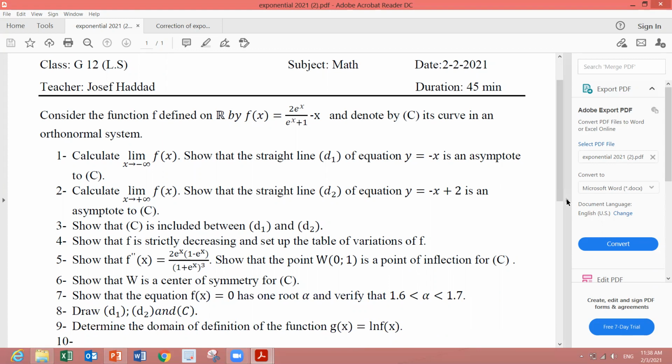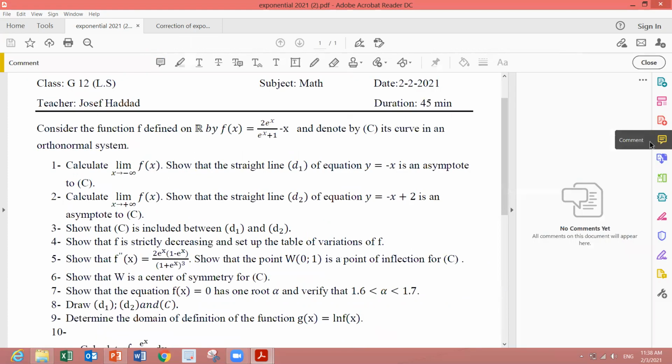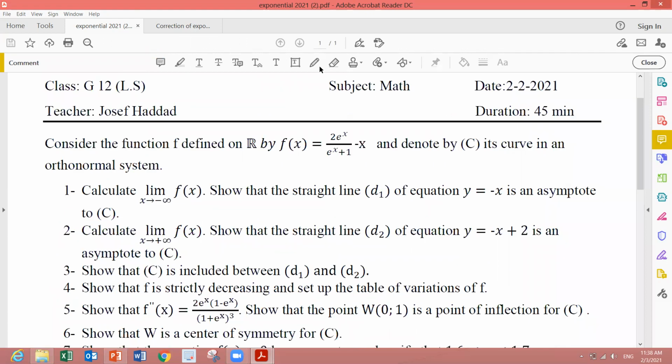So we have the function f(x) defined on R by f(x) = 2e^x over (e^x + 1) minus x, and C is its curve in an orthonormal system.